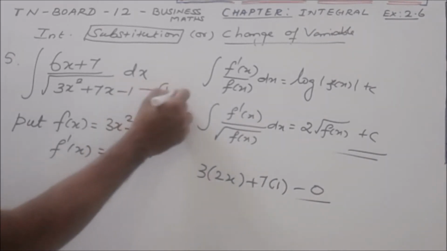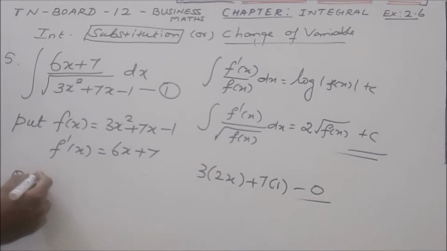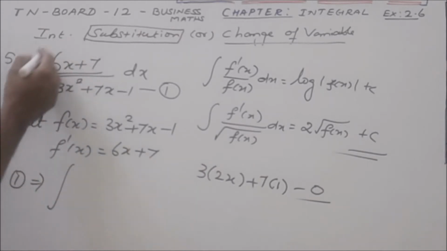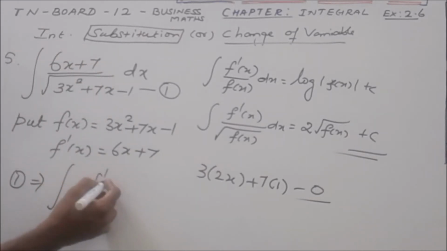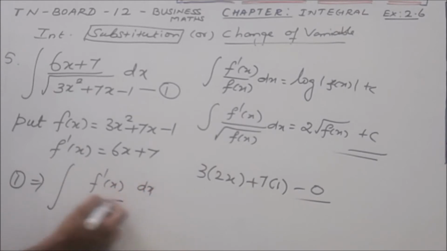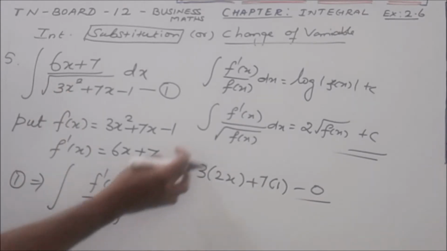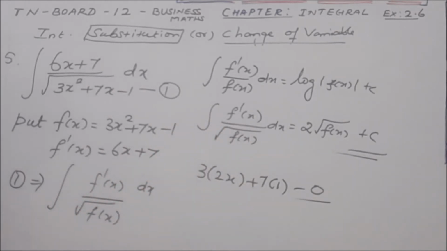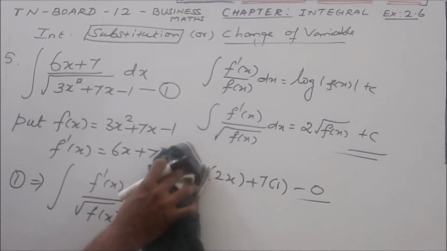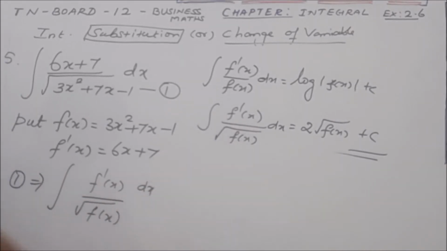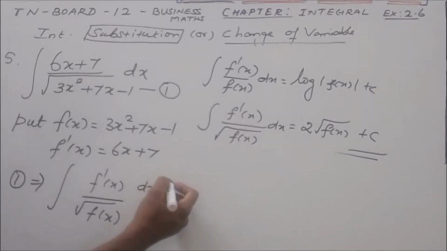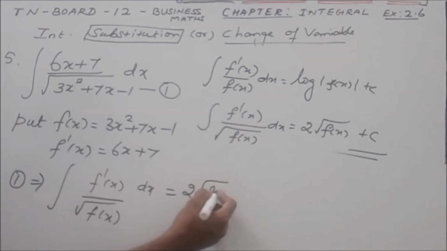Now substitute in 1: integral, the numerator is f dash of x into dx, the denominator is root of f of x. So you can choose this formula, that is equal to 2 times root of f of x plus c.